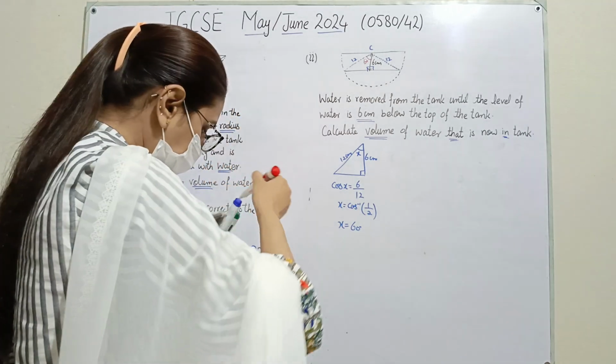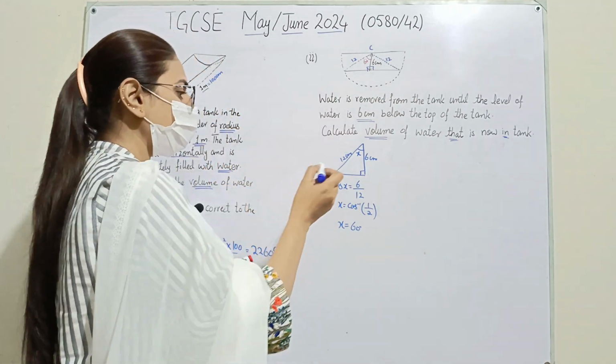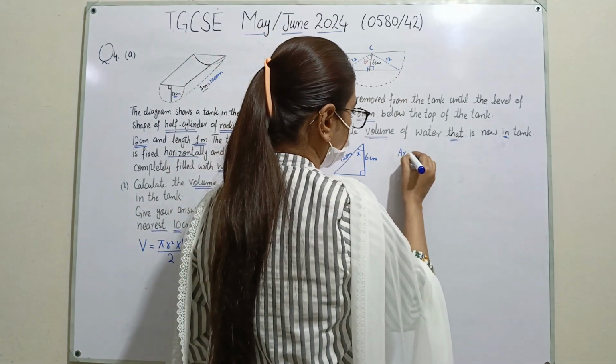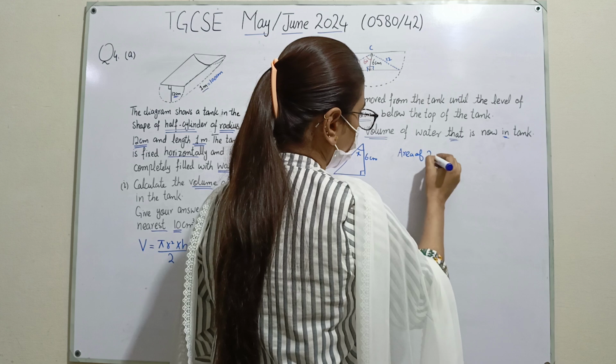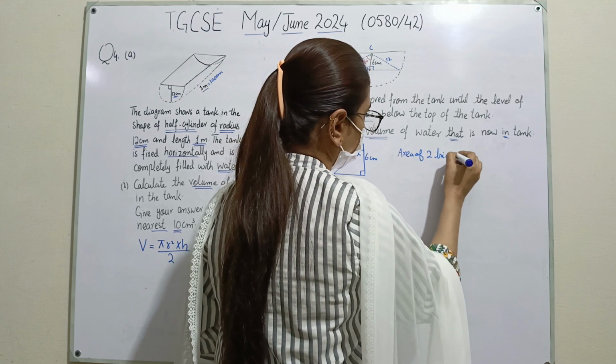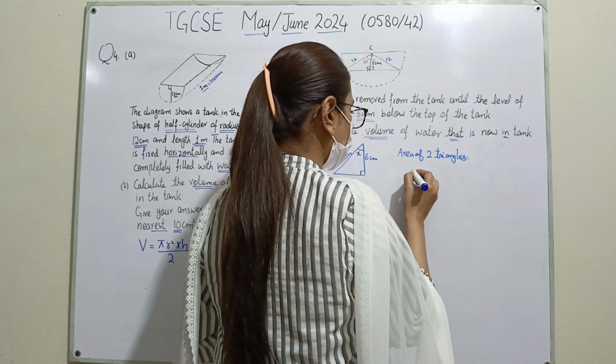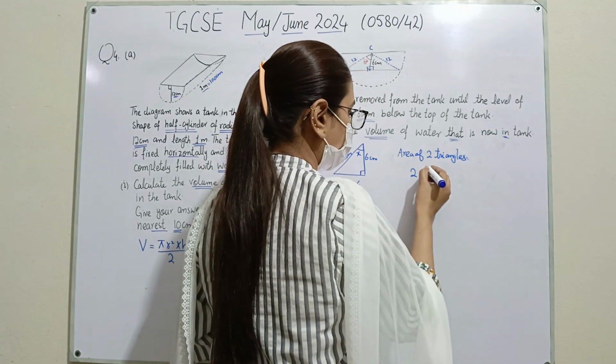Okay, now you have to calculate the area of the two triangles. So area of two triangles will be equal to 2 for two triangles.